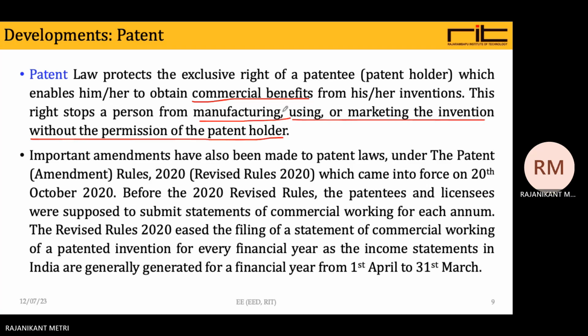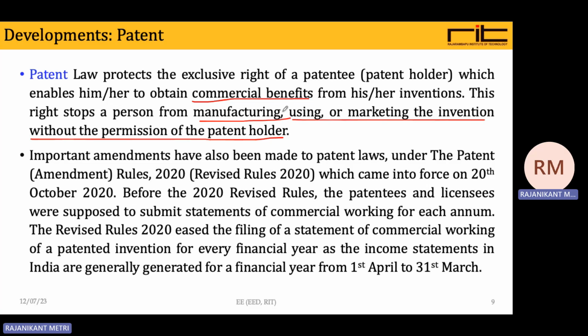So a third person cannot use the innovation to manufacture, distribute, or produce without the permission of the patent holder. That is given under the patent law.